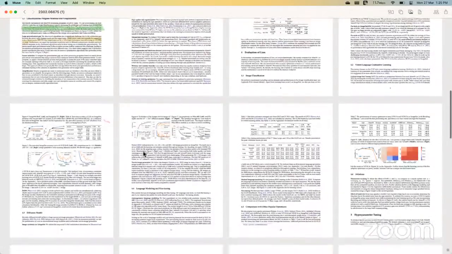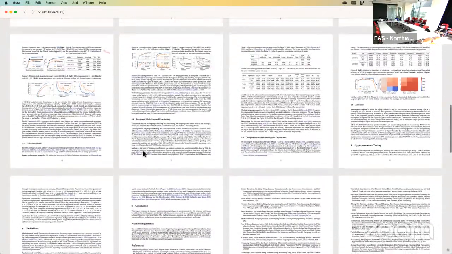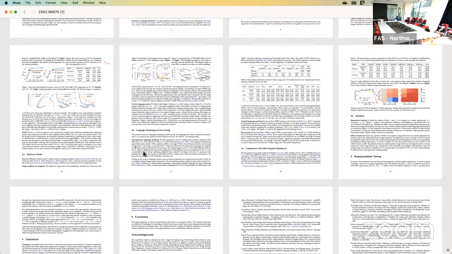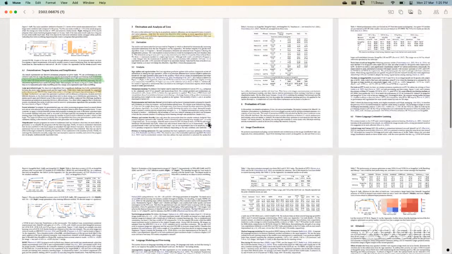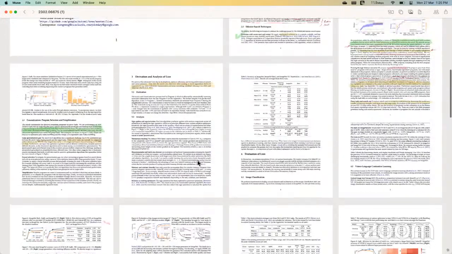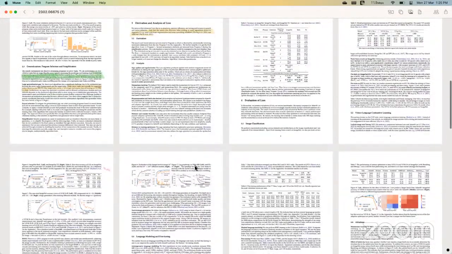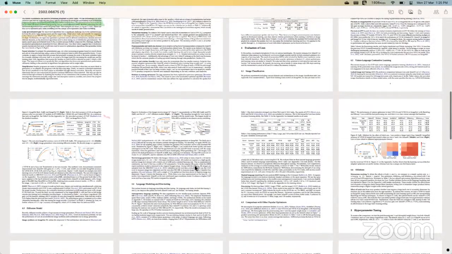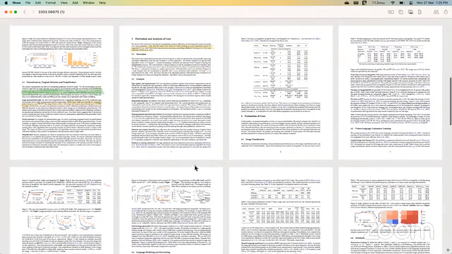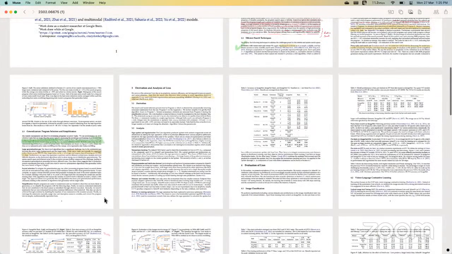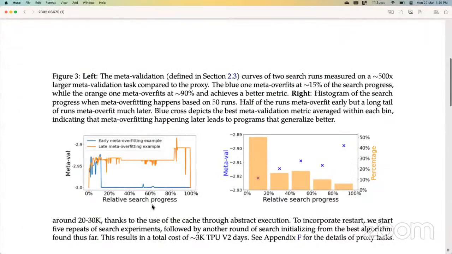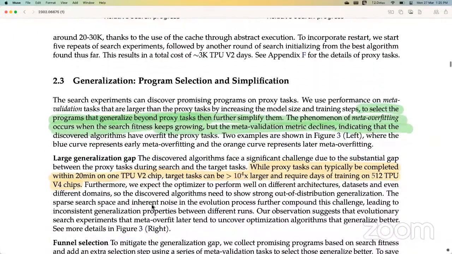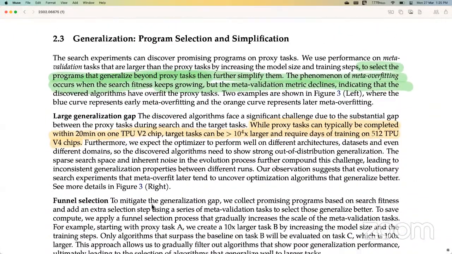Yeah. So what you mean is since they have just two proxy tasks on which they evaluate the fitness, how can it be generalized. Yeah. So why would it not be similar to finding the best architecture that performs on that task, because we are finding an algorithm which makes the model best at the given tasks, right?